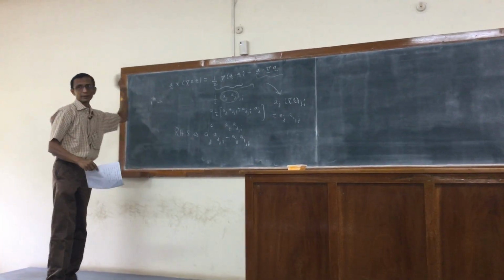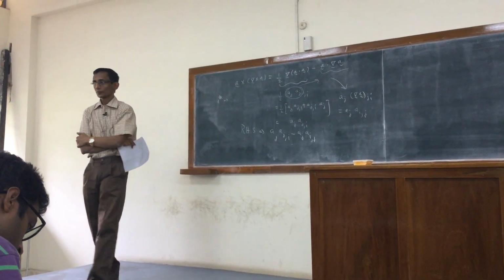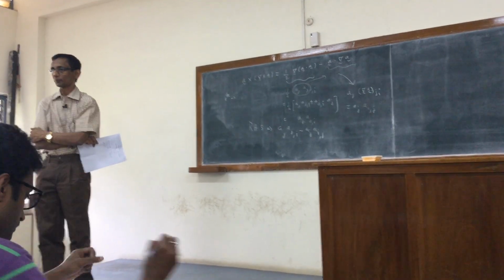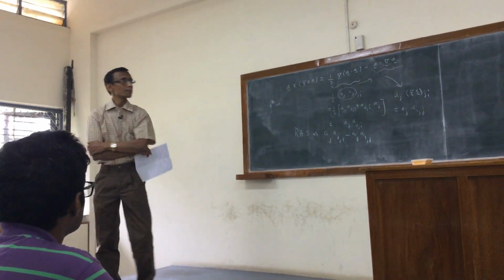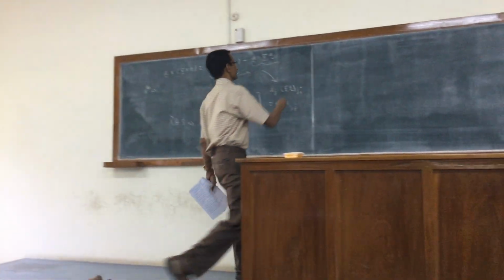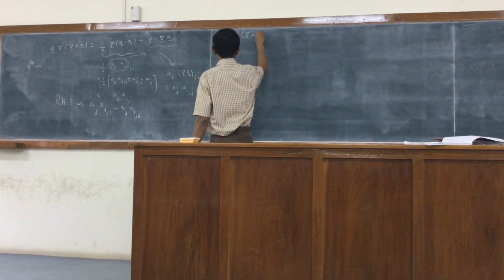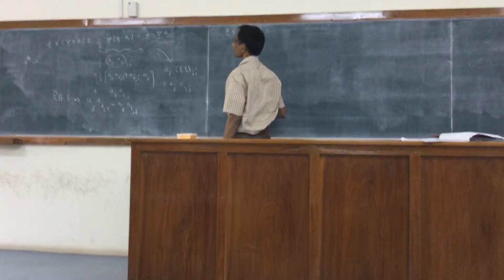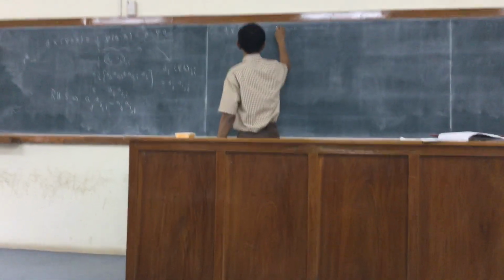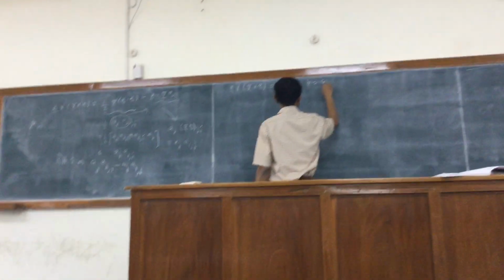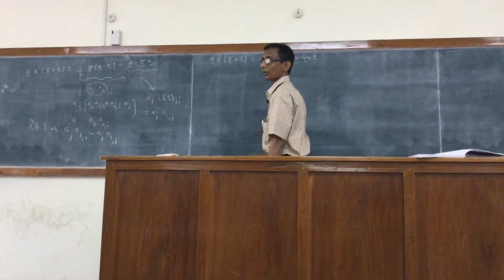Now we have to look at this. So I need the ith component of that. I can write this as a cross b, where b is the curl of a.